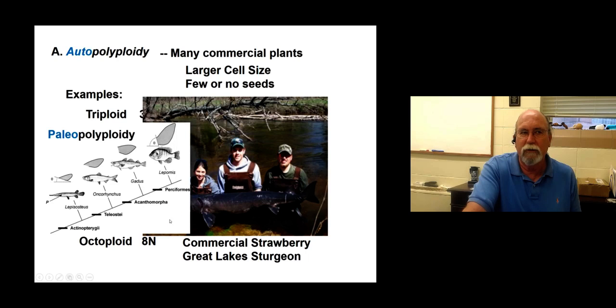And in fact, just to introduce another term, there's what's known as paleopolyploidy. Paleo means old or going back in time. Throughout lots of lineages, including the vertebrate lineage, we see these duplication events where the genome, 2N genome, gets duplicated to a 4N genome. And that has certainly happened in the teleosts.